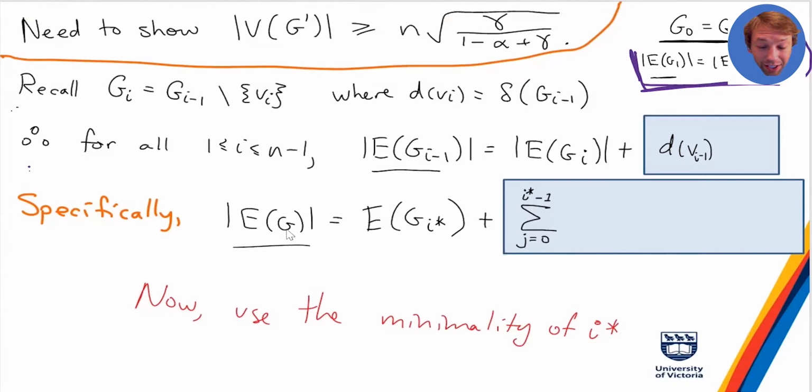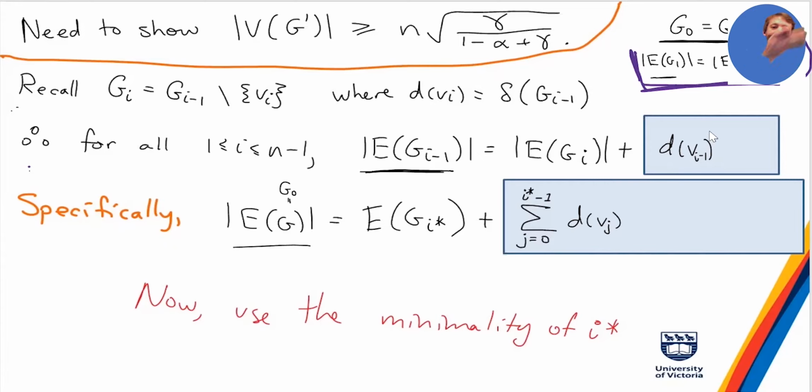So then the number of edges in G, which is G0, is the edges in G_{i*} plus the sum of these degrees. I'm just applying this over and over. You can see this inductively: if I look at i* minus 1, it's G_{i*} plus the degree of V_{i*-1}.